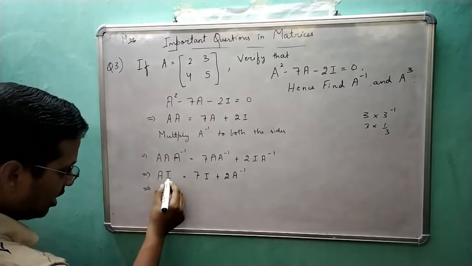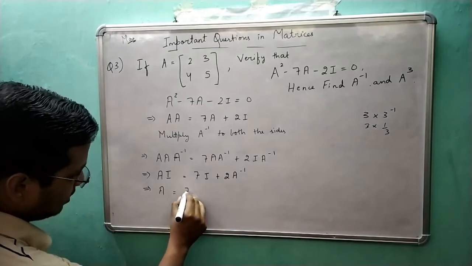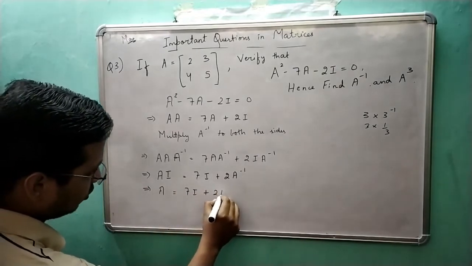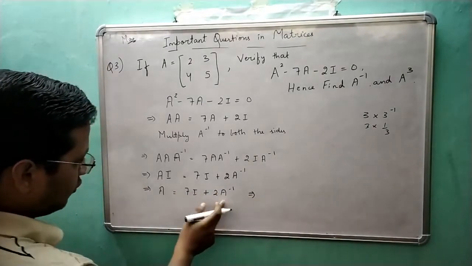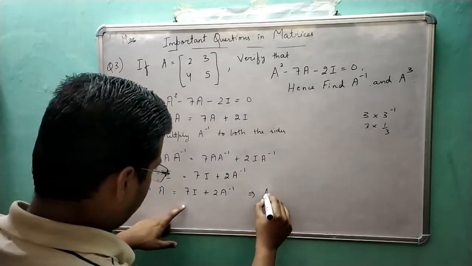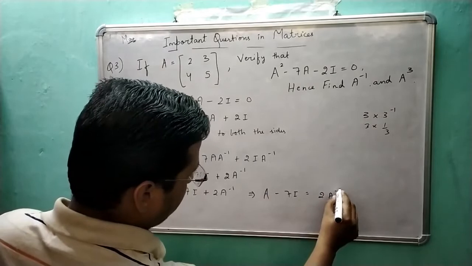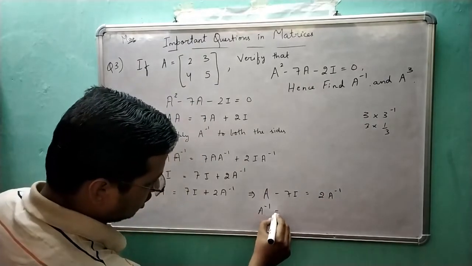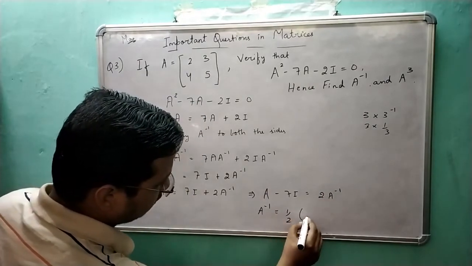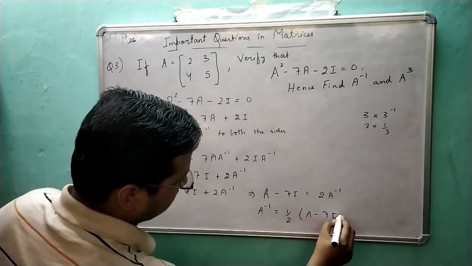So similarly, A into I will be A, 7I plus 2 of A inverse. So from this equation we can write A minus 7I is equal to twice of A inverse. So A inverse is half of (A minus 7I).